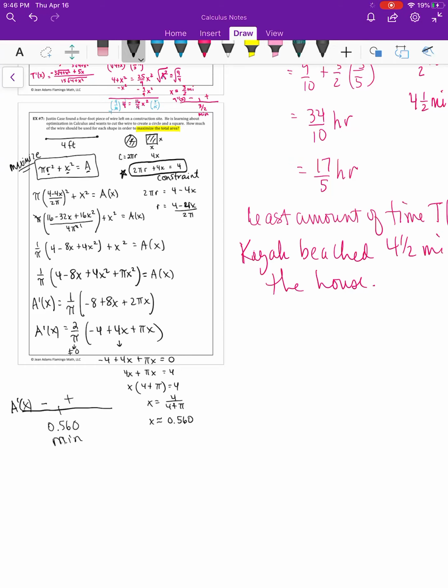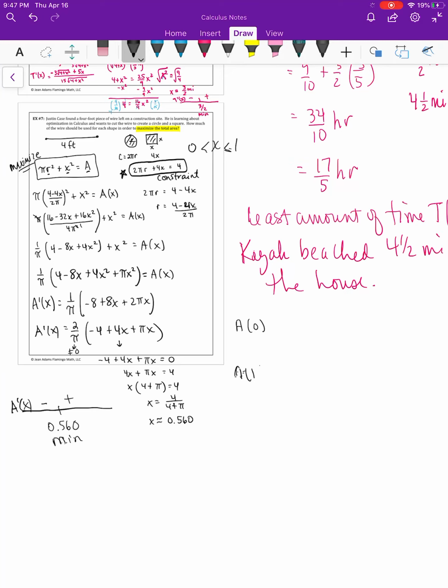Ooh. And we're looking for, come on, pen. We are looking for maximizing our total area. So therefore, we need to figure out what are my endpoints here? Because right here, if you didn't make a circle at all, your x would be 1, because 4 times 1 would be 4.